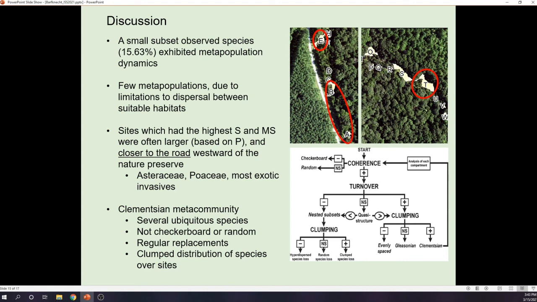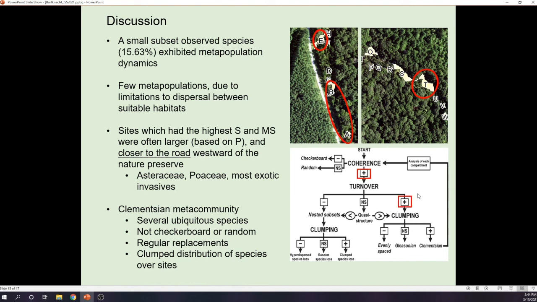And then finally, as said before, there's a Clementsian structure, because based on the original description by Leibold and Mikkelson themselves, Clementsian metacommunities typically have several ubiquitous species across the patch-like network. A positive coherence value means that there are no checkerboard or overdispersion patterns, as well as null-based random assemblages of species.